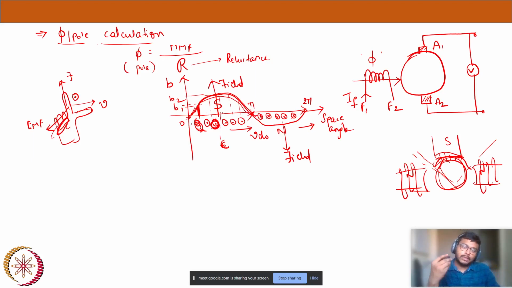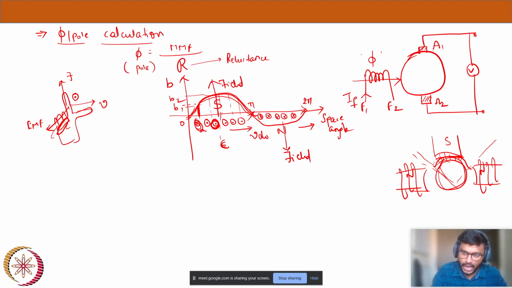Now what the electrical engineers were doing in this condition was, from period 0 to pi, they are taking the average value of B. Even that will give you the exact answer. Now if you integrate from 0 to pi the value of B with respect to these limits, you will get the average value of B. So that is not wrong.